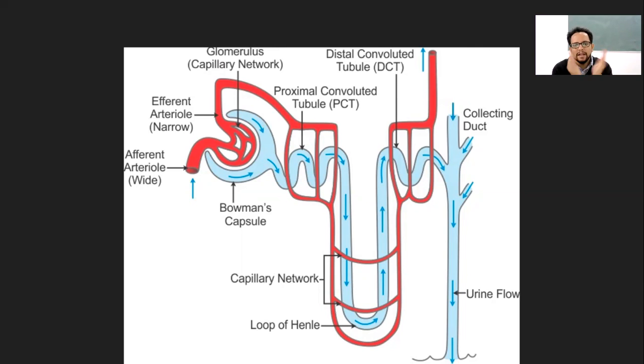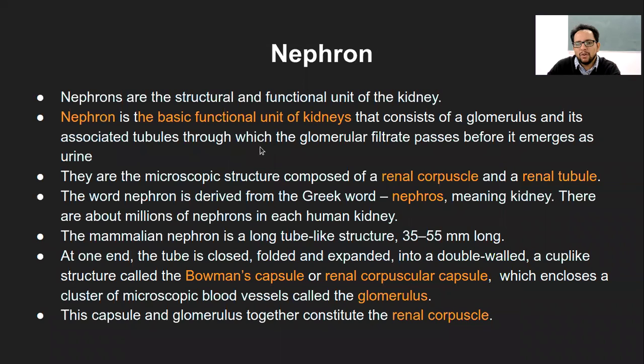So that is the Bowman's capsule. So this nephron consists of glomerulus, that is the capillary network, and its associated tubule, that is afferent and efferent arterioles, through which the glomerular filtrate passes before it emerges as urine.